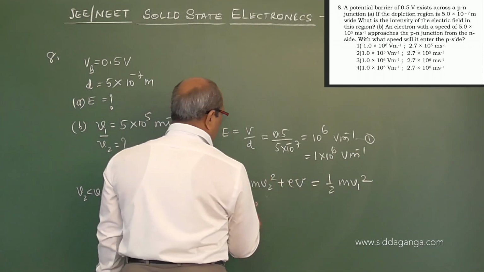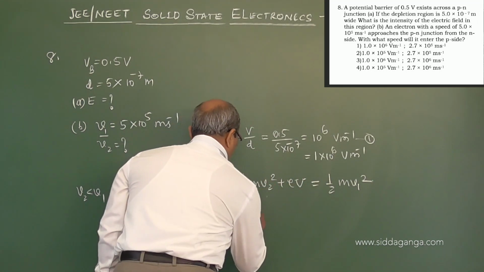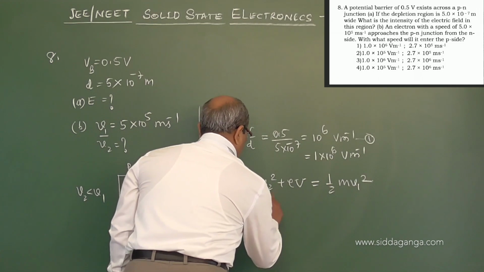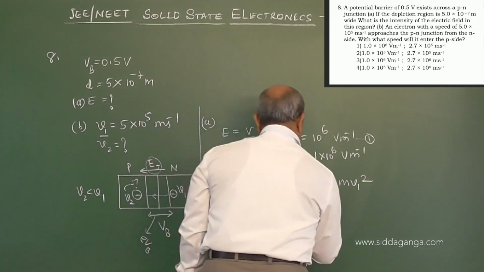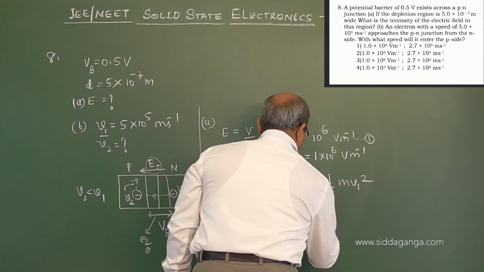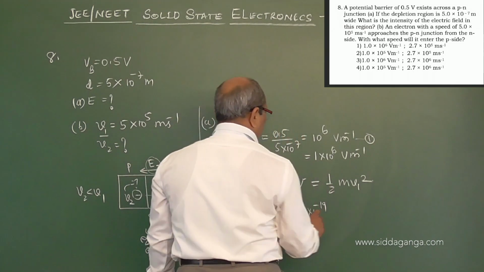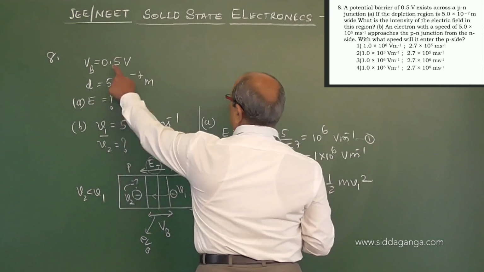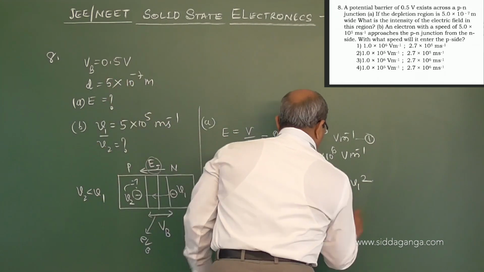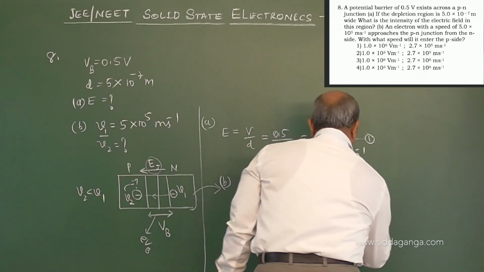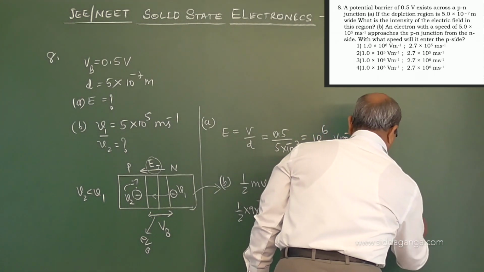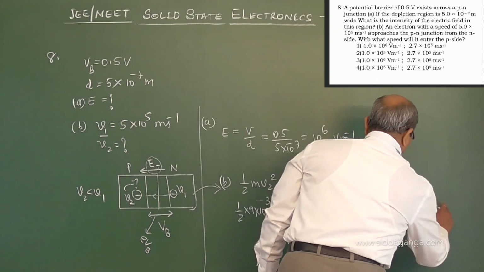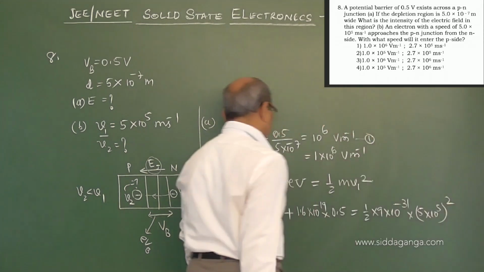Our aim is to find V2 square. Half into mass of electron, 9 into 10 power minus 31, into V2 square, plus E, 1.6 into 10 power minus 19, into V, which is 0.5, equals half into 9 into 10 power minus 31 into 5 into 10 power 5 whole square.